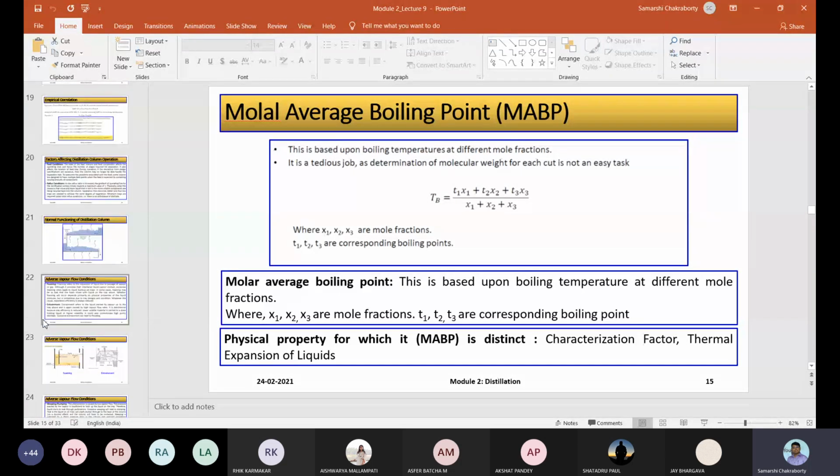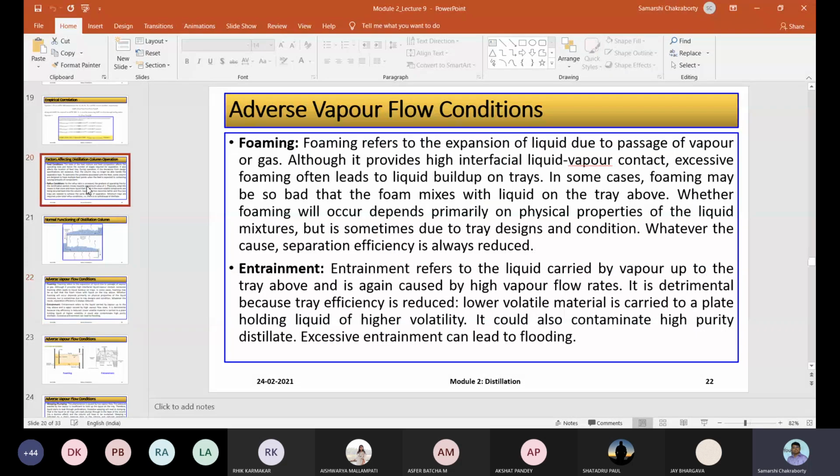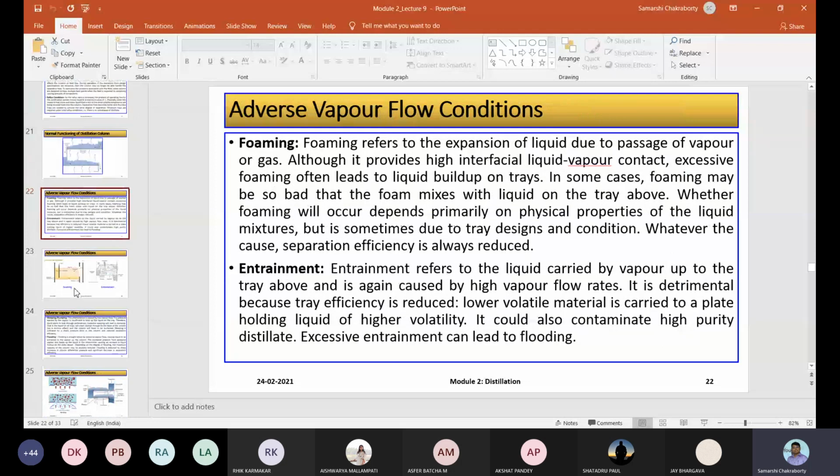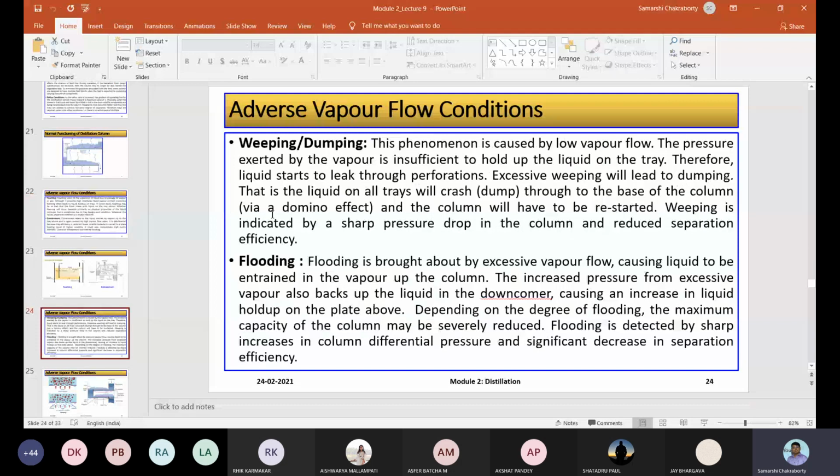Since we have already covered this part through our video lecture, where we showed you some videos on how feed condition as well as reflux condition can adversely affect your distillation column performance or operation, we will discuss it further, since you are asking, where can I find what is foaming, what is entrainment, what is weeping, what is dumping, or what is flooding.